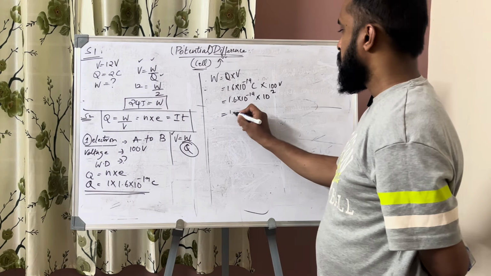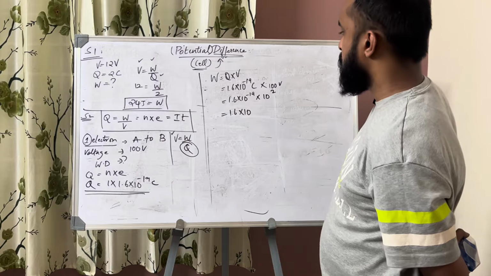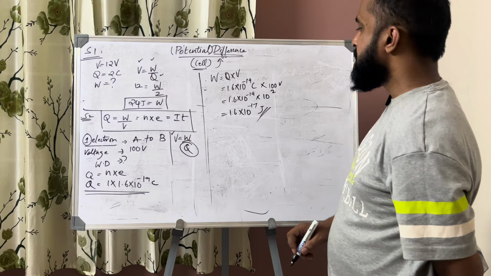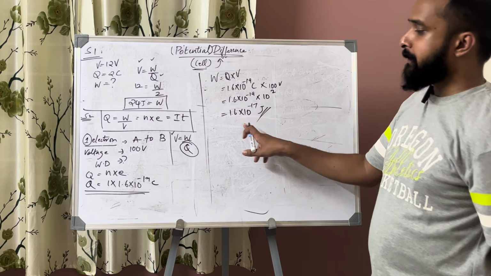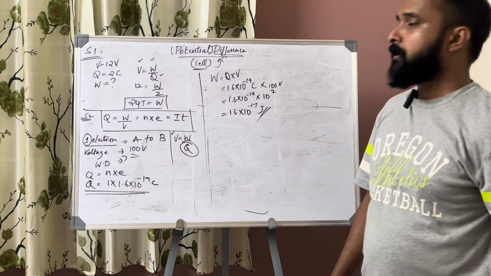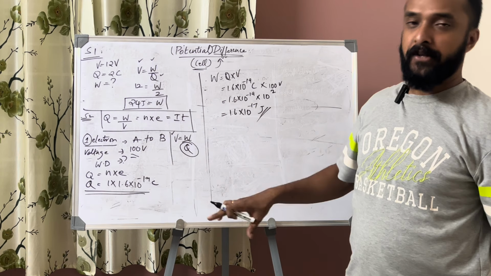So you got 1.6 into 10 to the power minus 17 joules. This is the amount of energy spent in carrying one electron across a potential difference of how many volts? 100 volts. Clear? So these are the only two types of questions you can expect from this concept.